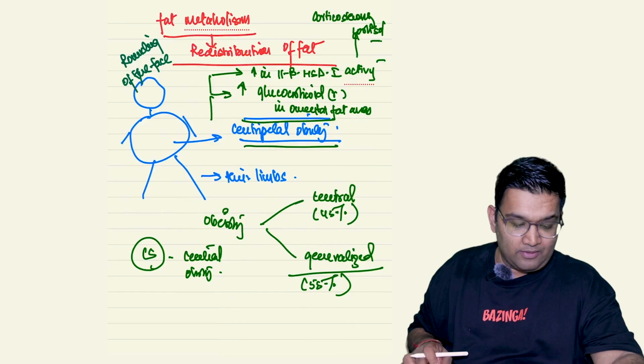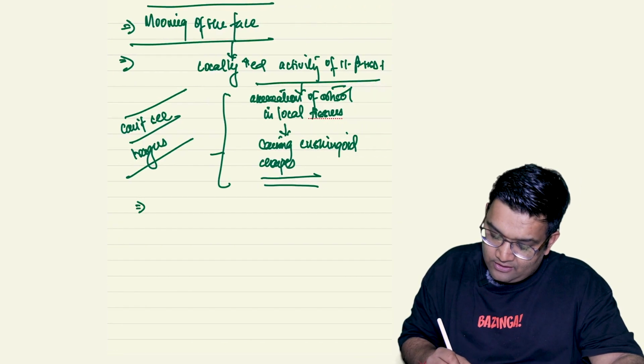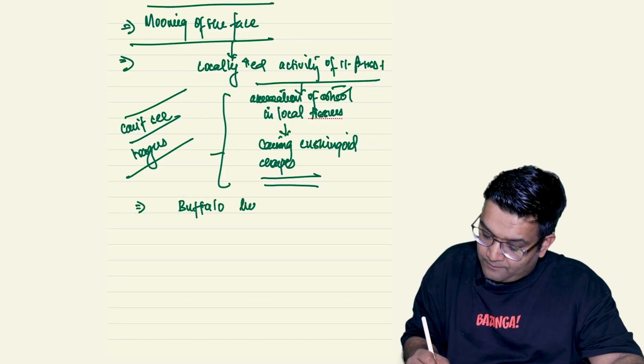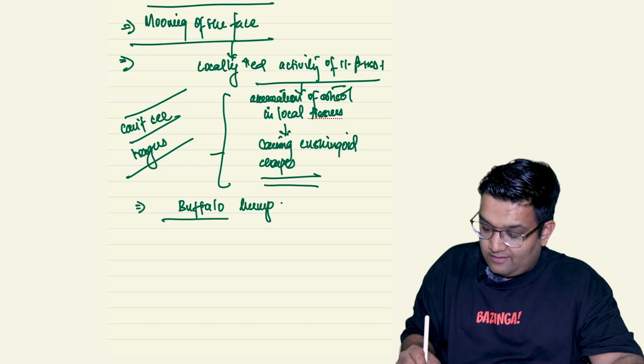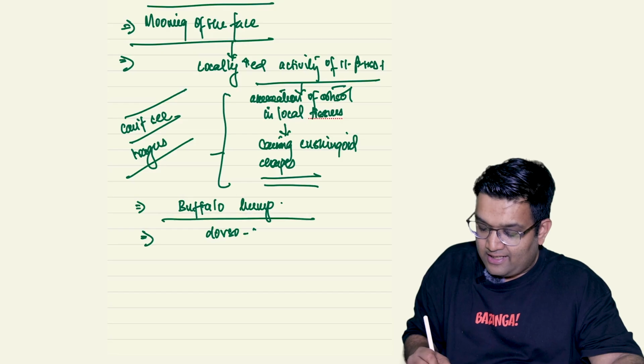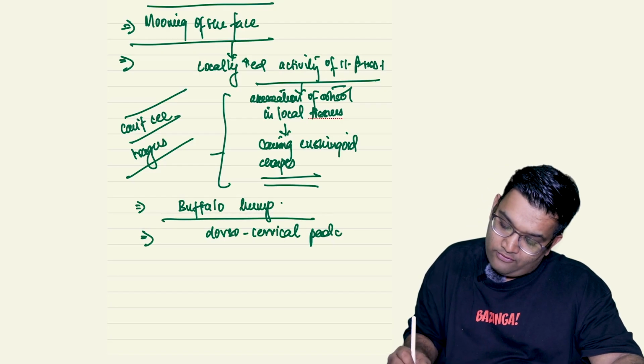What is the other problem? The other problem is something known as buffalo hump. That is basically a dorso-cervical pad of fat.